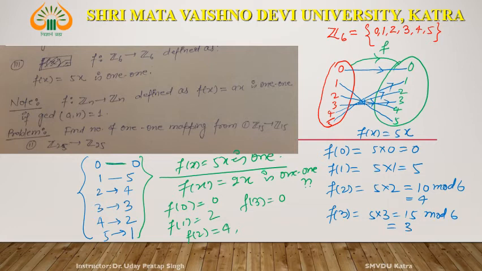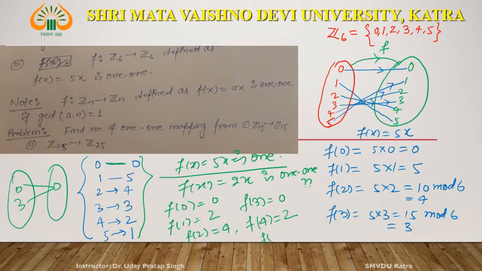Now see, here 0 and 3 are two elements, right? F of 3 is equal to 0. What is f of 4? 4 into 2, 8 divided by 6, that is 2.